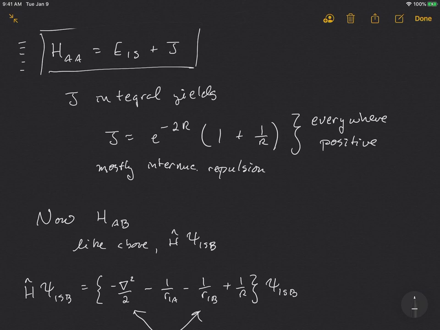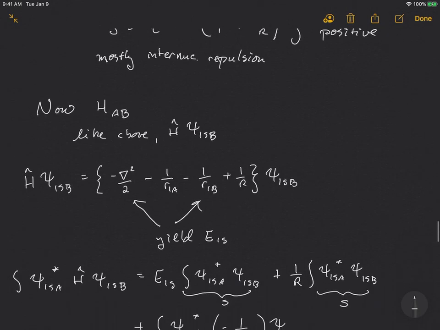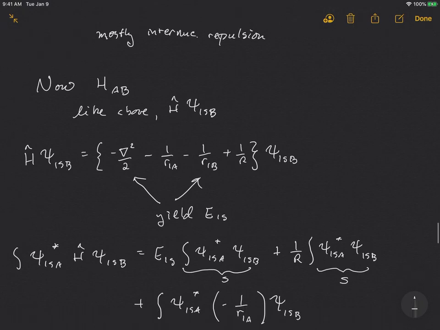Okay, so first we act H on our 1sb. And then again, two of these terms of the Hamiltonian are going to give us E1s. And we're going to have left over this minus 1 over R1A term and this minus 1 over R term. And then we end up with E1s times this integral psi star 1sa, psi 1sb. We've already seen that integral before, that's s.